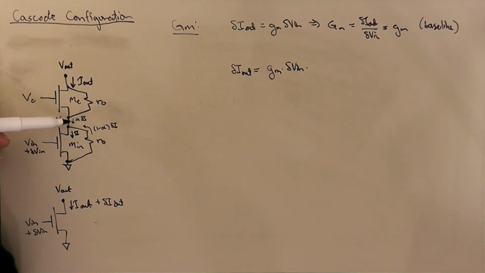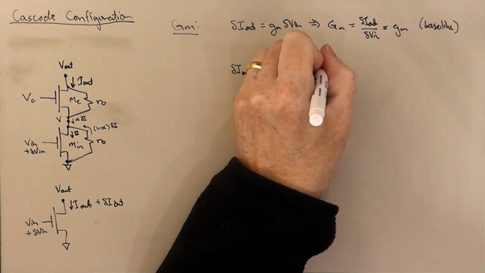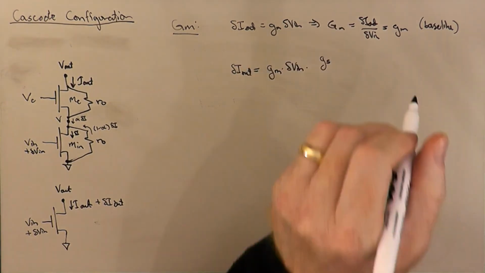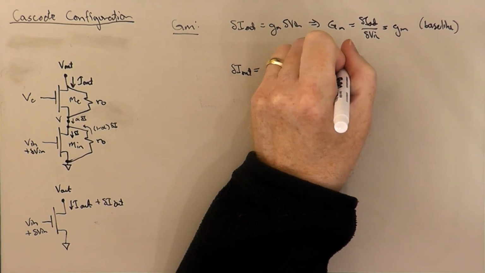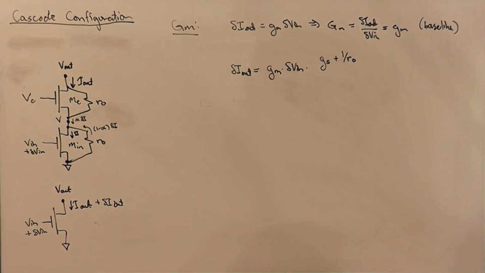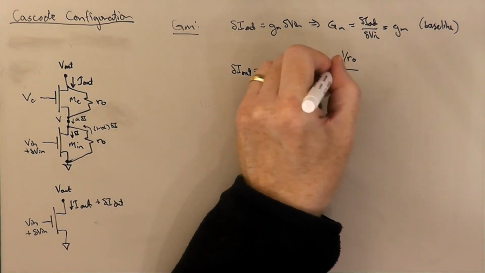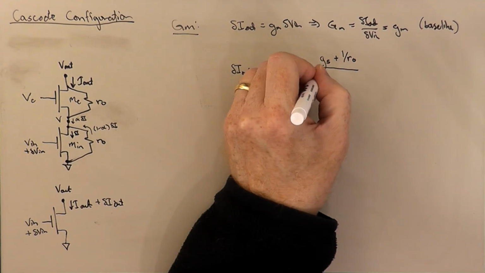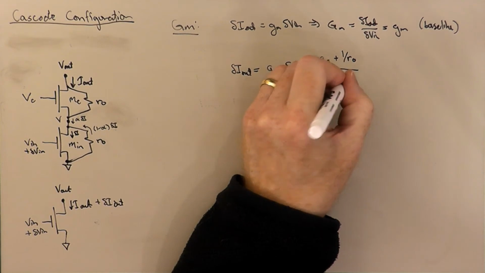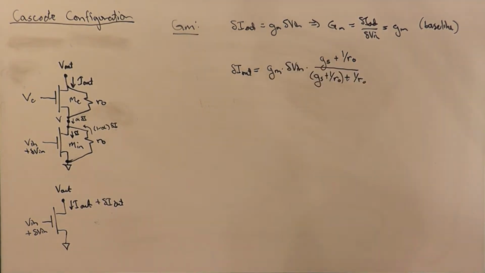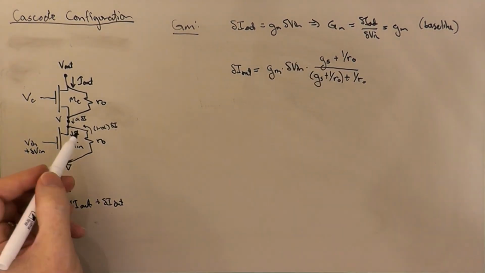The branch that we care about actually has two things in parallel with each other: the gs of the cascode transistor, which is the same as the gs of the input transistor because they are matched, plus 1 over RO, the RO of the cascode transistor. That is divided by the sum of all the branch conductances, which is gs plus 1 over RO, plus 1 over RO.